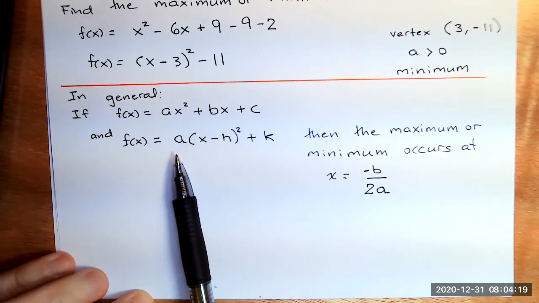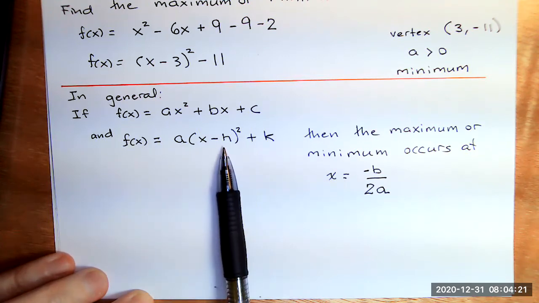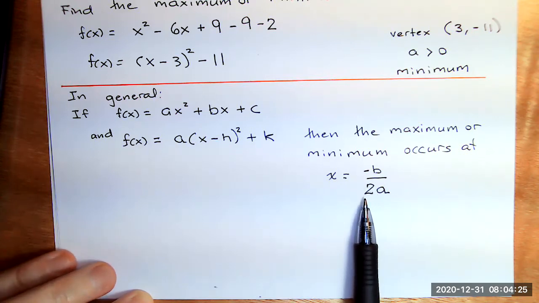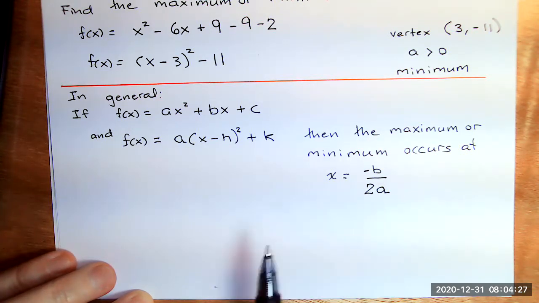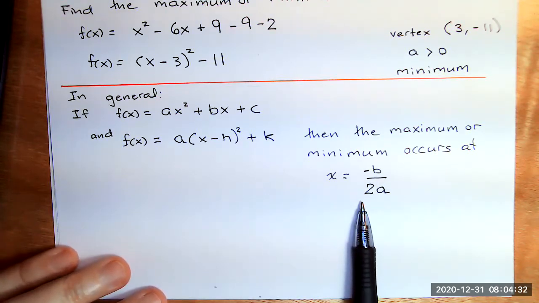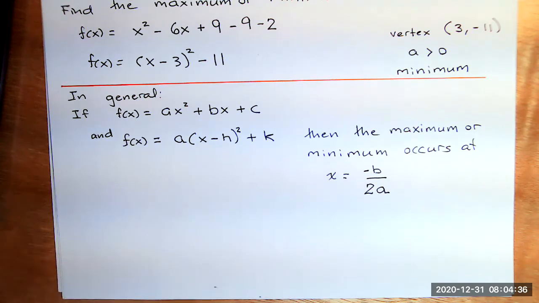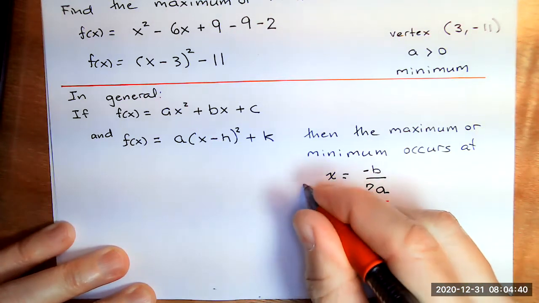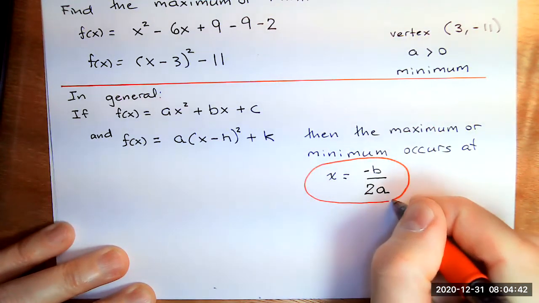And then you would get your standard form where h is equal to negative b over 2a. So that's the x value where the maximum or minimum occurs. So you don't have to complete the square every time. You can just use this formula.